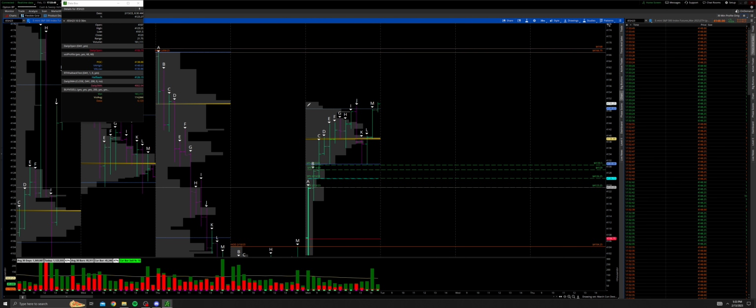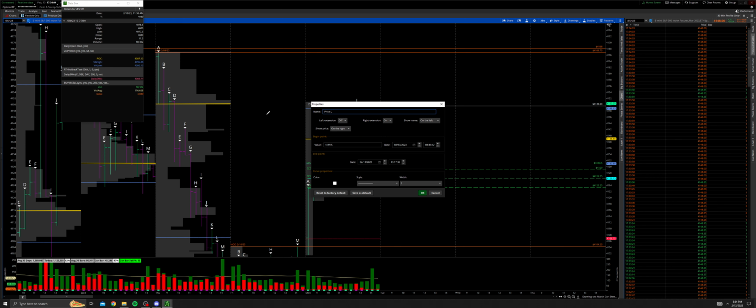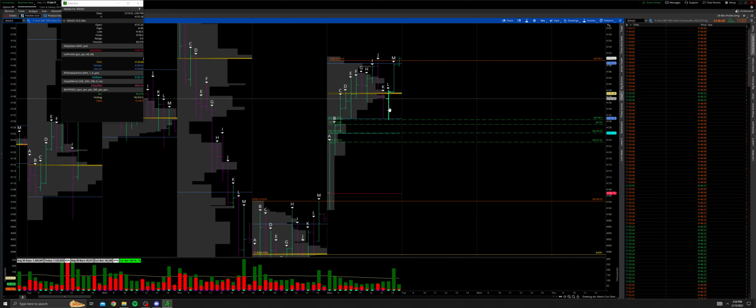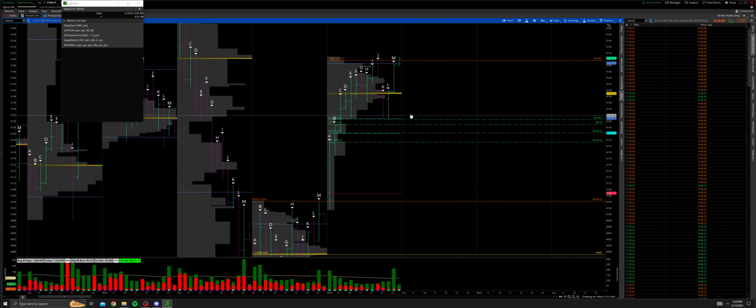Let's go ahead and put in our high of day here in J period, 49.50. 49.50 is our high of day. Go ahead and mark that. We have our set of single prints below that start at 41.30.50.